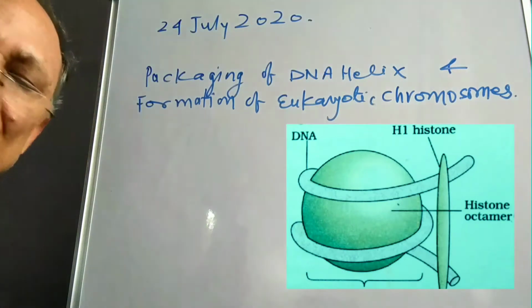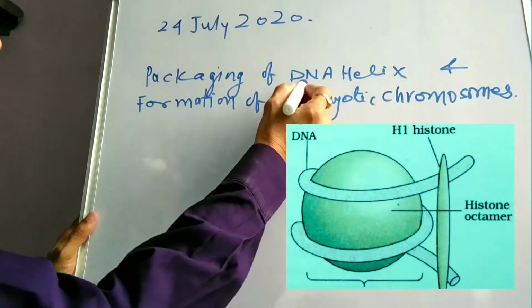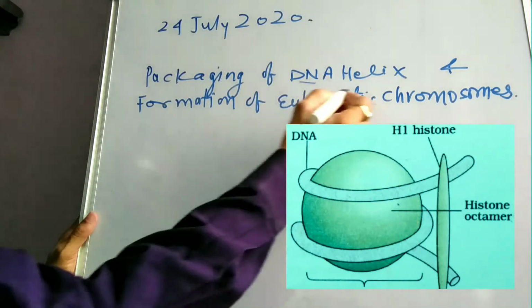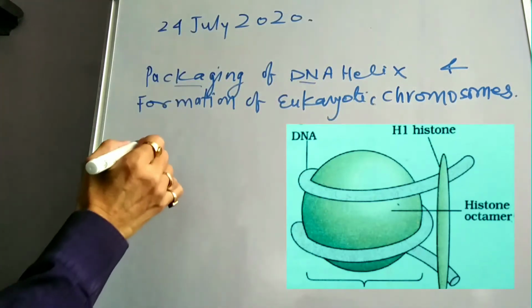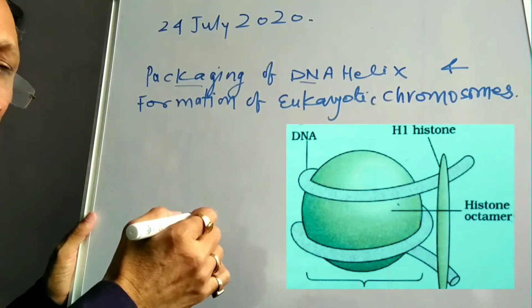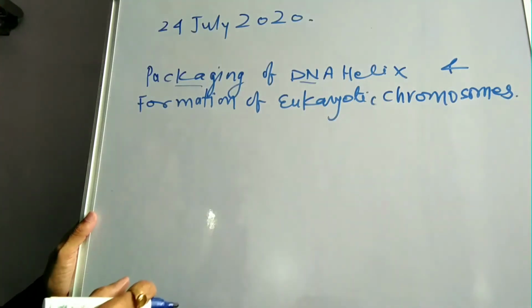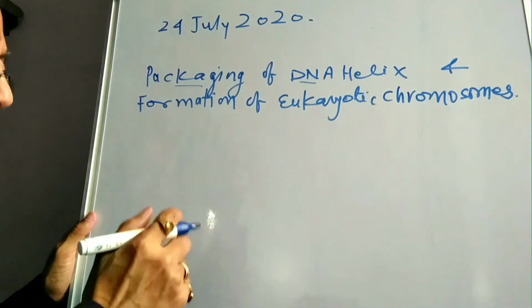Okay, so first to know the DNA and packaging. What is this? Packaging of DNA over the core of histone protein takes place in the following way in order to form eukaryotic chromosomes.